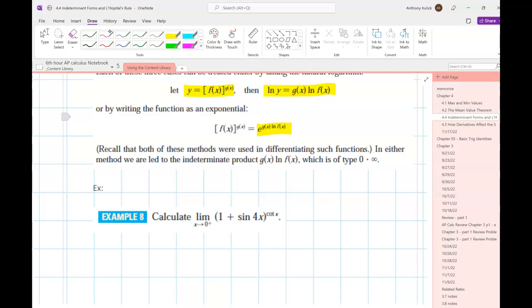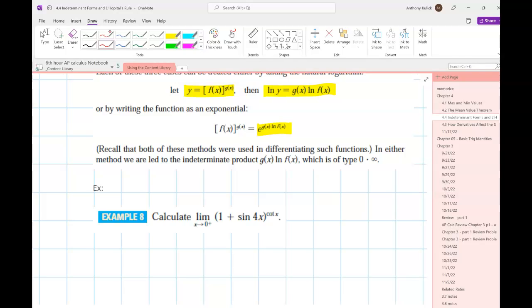Sine of 0 is 0, so I have 1 plus 0, so I have 1 to the. Cotangent of 0 is, oh, I'm sorry, cotangent is cosine over sine. So it's 1 over 0. So this is 1 to the infinity.